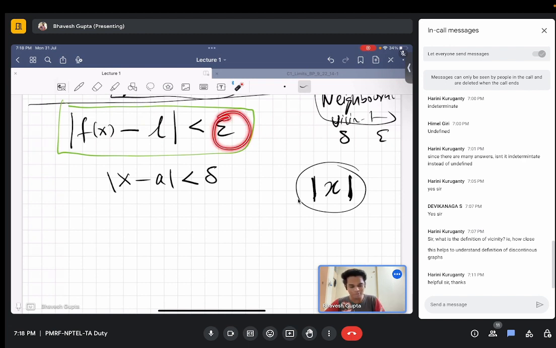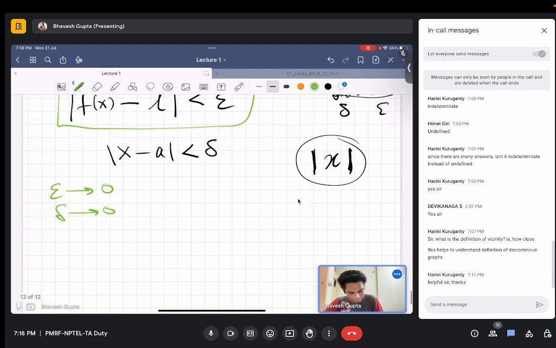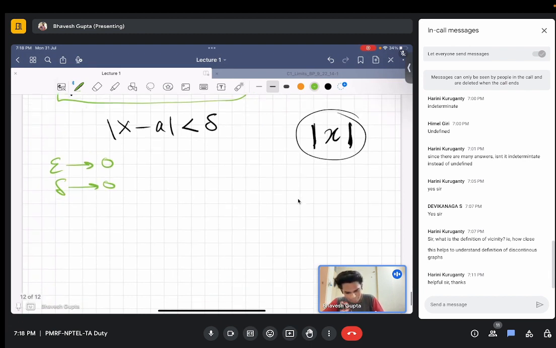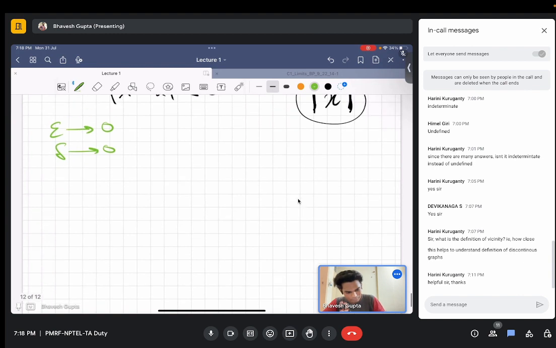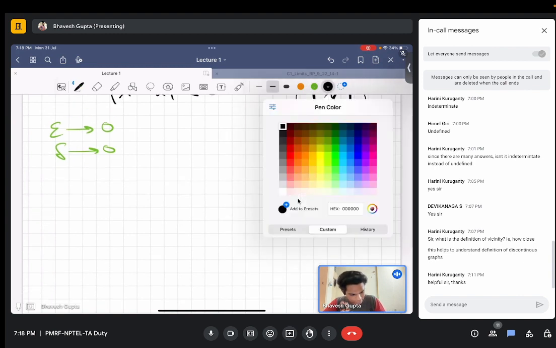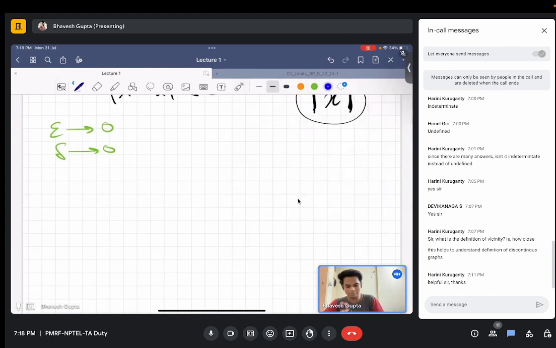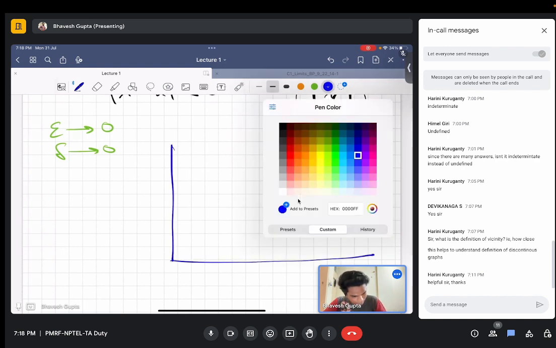We use this epsilon to say that the distance between the actual answer and the limiting answer is very small, because my epsilon is very close to 0, my delta is also very close to 0. This might be a little confusing, but hang on, you will understand what is happening here. Trust me, just hang on.